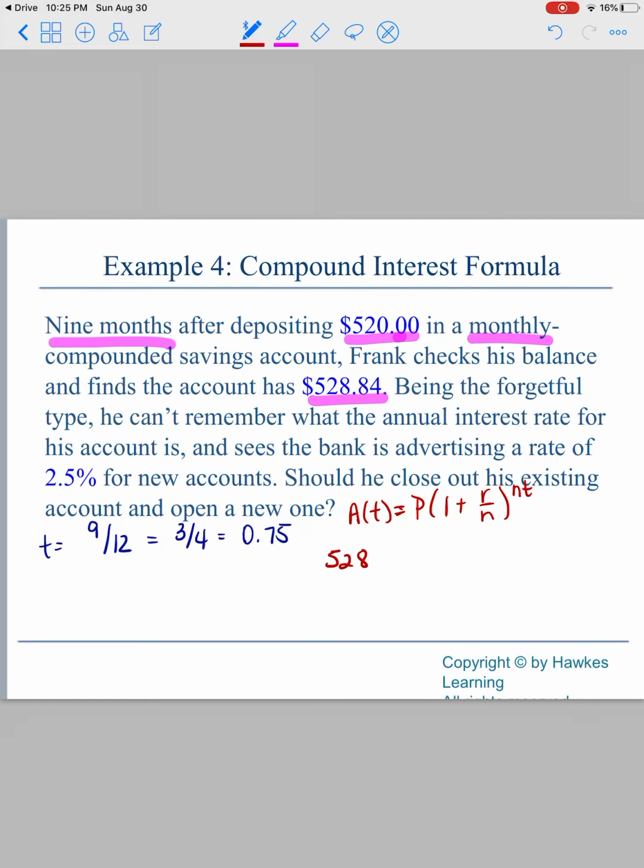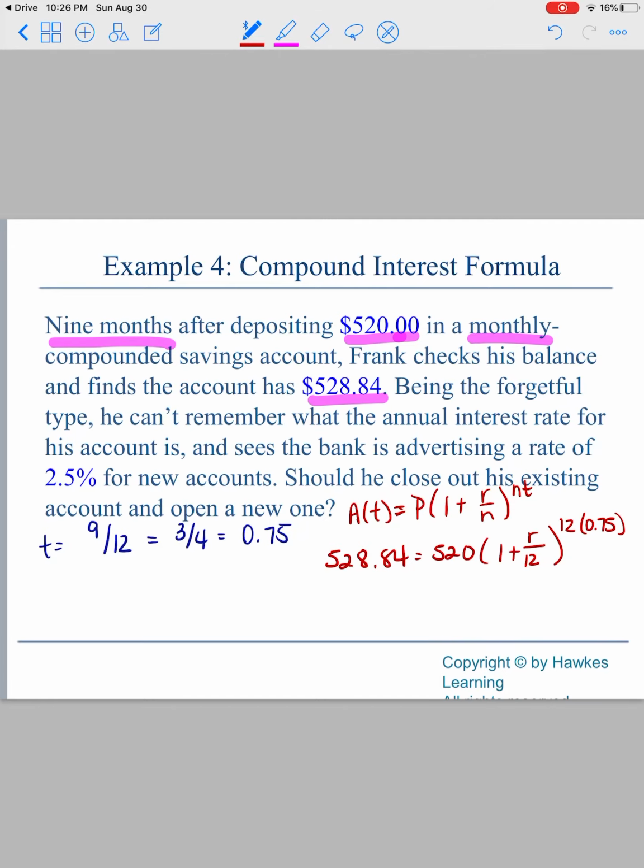I have $528.84. My original amount was $520 times 1 plus my rate. That's what I don't know, that's what we're trying to find out. n: this compounds monthly, so there's 12 months, all raised to the 12 times my time, 0.75. And I'm going to solve for r here.